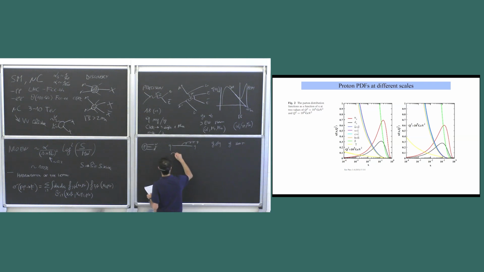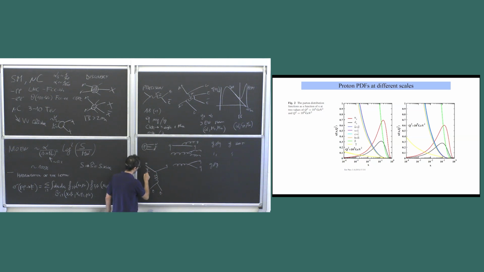Similarly, you can have the gluon splitting into gluon, same story, or the gluon splitting into two quarks, and again, this is enhanced when the two partons are collinear. You have to take this effect into account, for example, if you want to model the t t-bar production that we showed before.